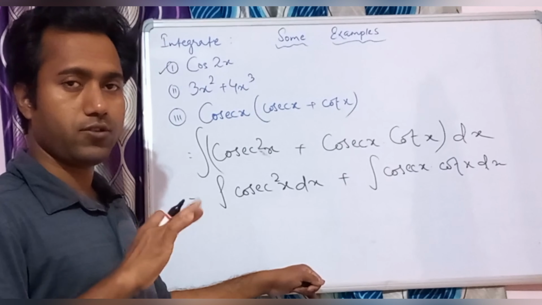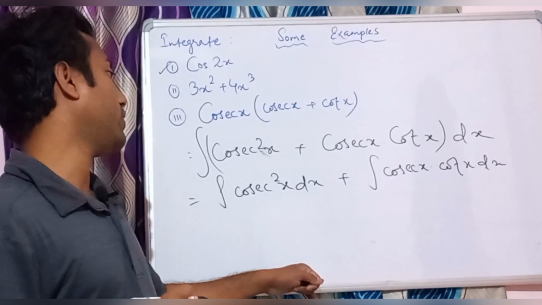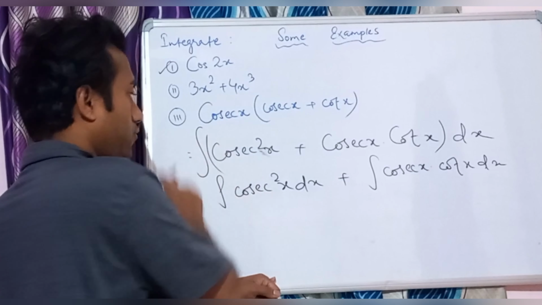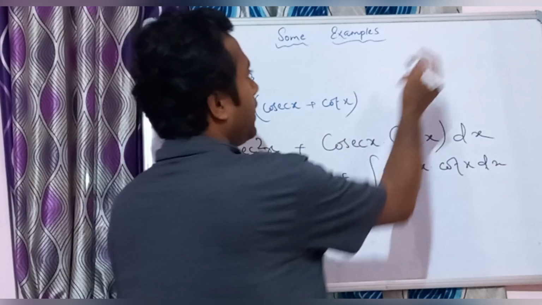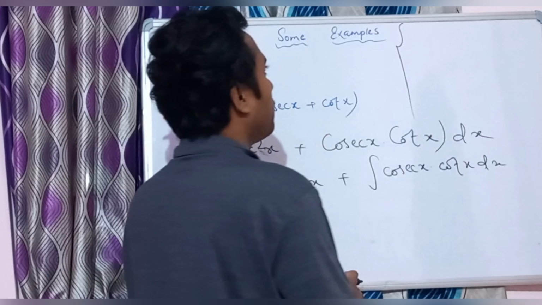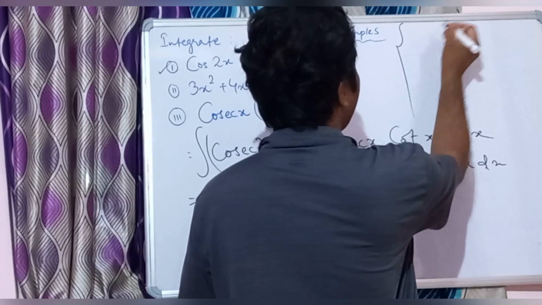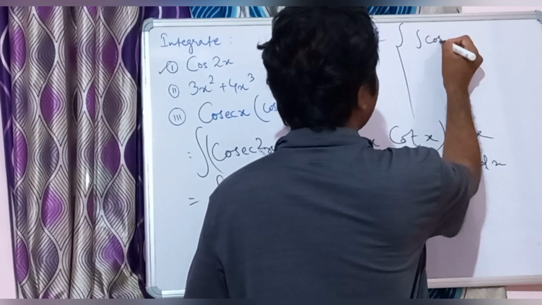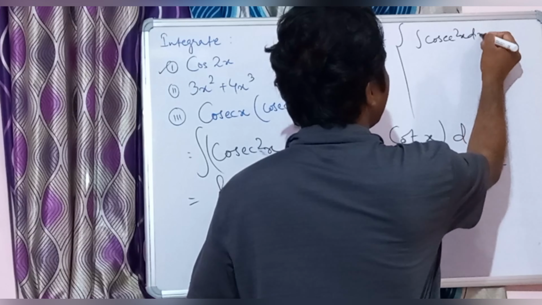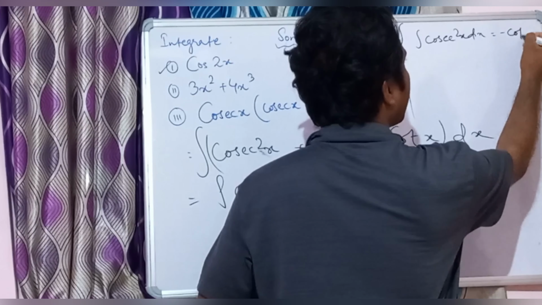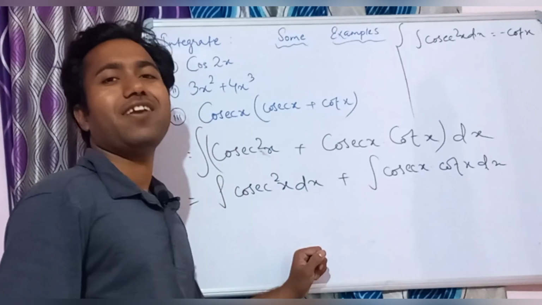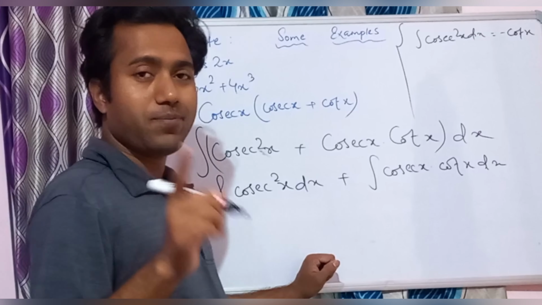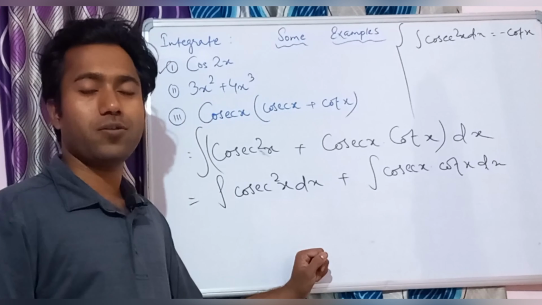Without the basic formulas, you cannot do integration. That is important. So for cosec square x, what formula do you remember? The integration of cosec square x is minus cot x. You should remember that. If you don't remember, please go back to the first class and see the formulas.